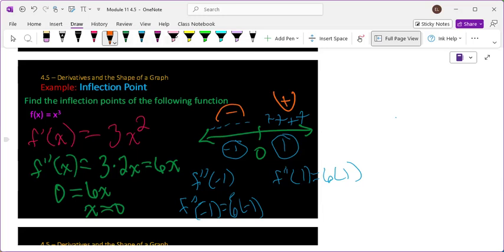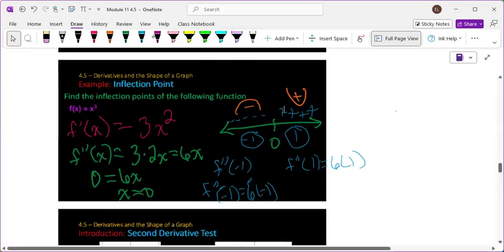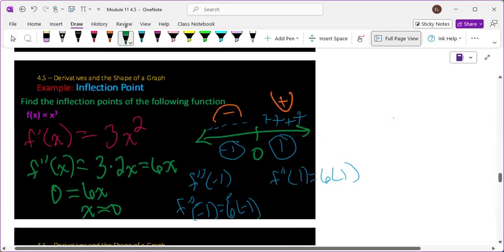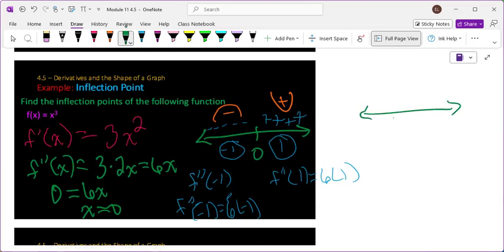Now, what I can actually do is pair both of these pieces of information together. So before, in my first derivative test, everything was plus. So it was increasing, increasing.